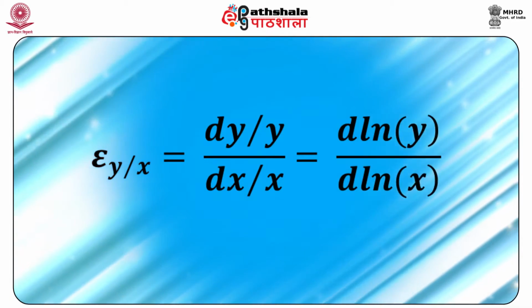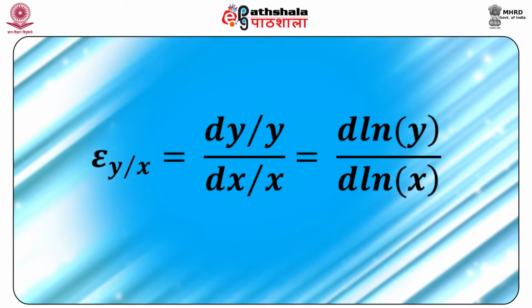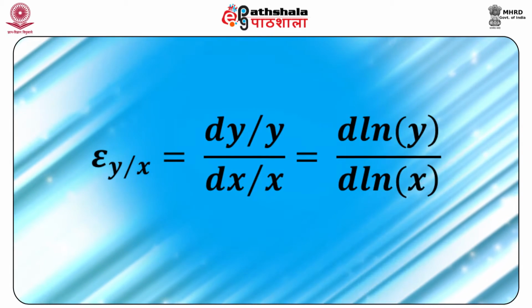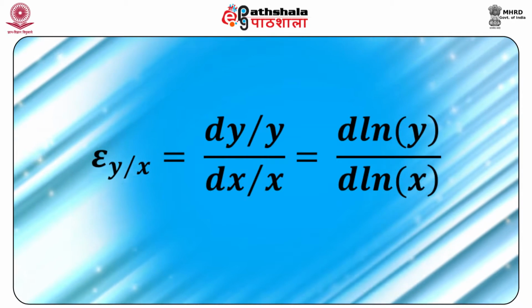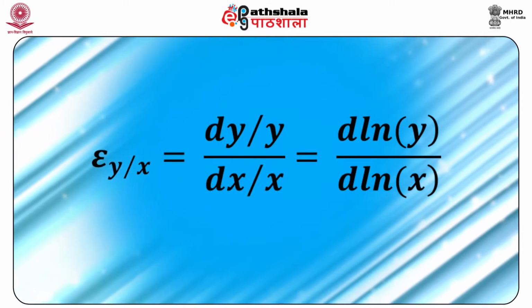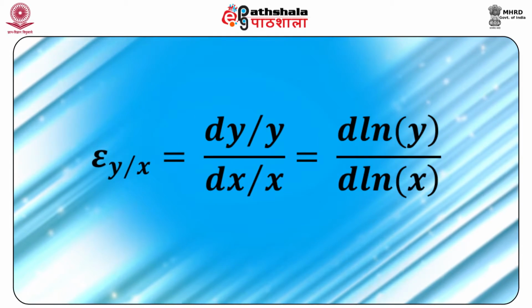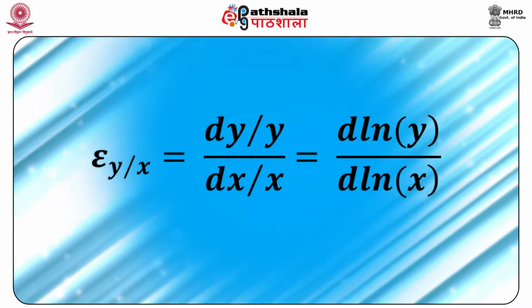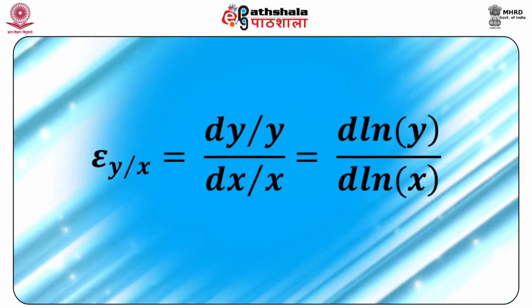Now in terms of logarithmic change, the elasticity of y with respect to x can be defined as elasticity of y given x equal to dy upon y upon dx upon x, which is equal to derivative of log y upon derivative of log x. Here derivatives are natural derivatives, so natural logs we are using. The logarithmic definition of elasticity is usually used in econometric models.